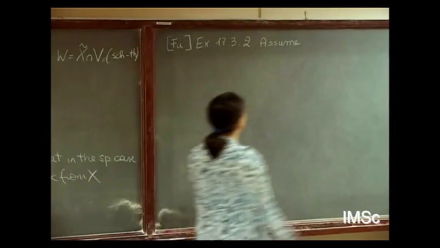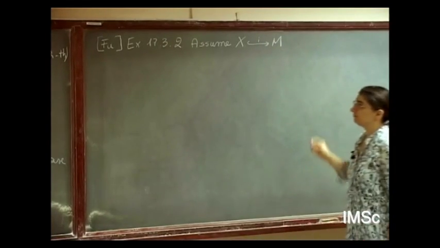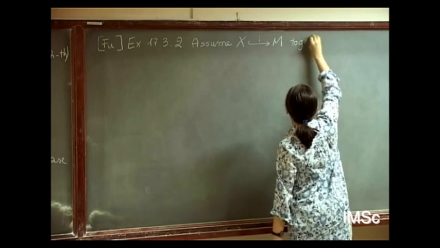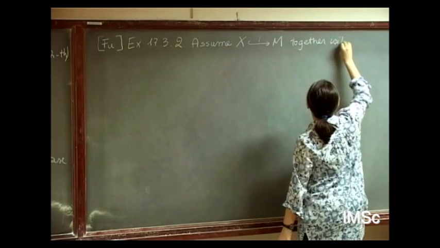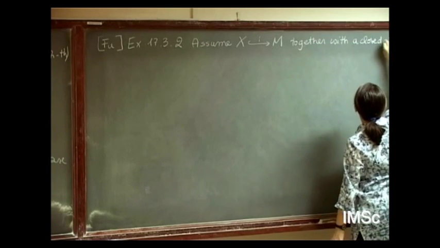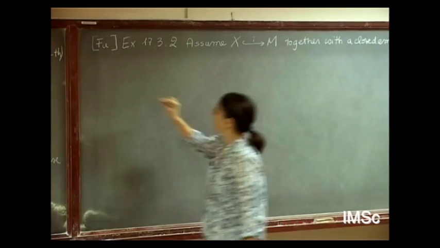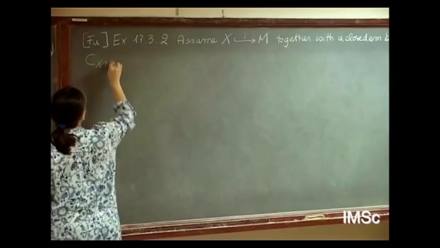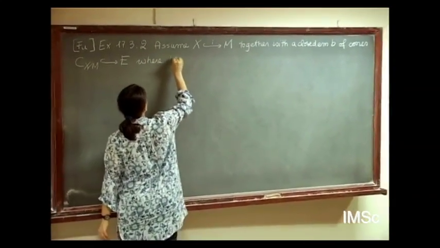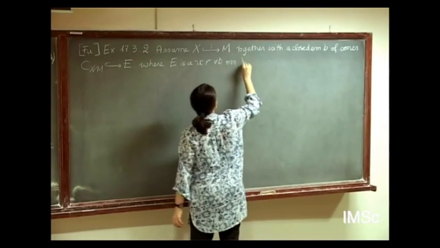So assume I have a closed embedding X to M. Forget about Y. Together with a closed embedding of cones, of the normal cone of X in M inside E, where E is a rank R vector bundle on X.